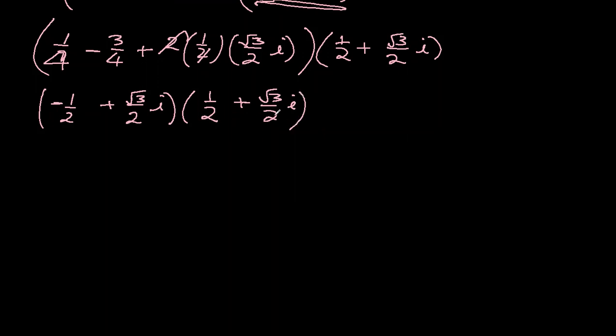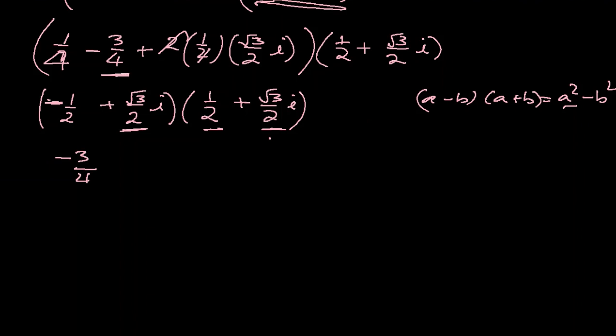And now here I will use another identity, which is a minus b times a plus b equals a squared minus b squared. This is a for us, this is b, a plus b, and a minus b, because there is a negative here. Same terms but with negative on one side. So a squared for me is this: square root 3 over 2 i squared will be minus 3 over 4, just like we did before.